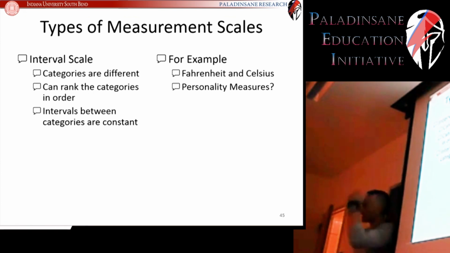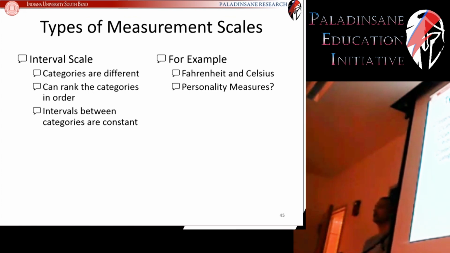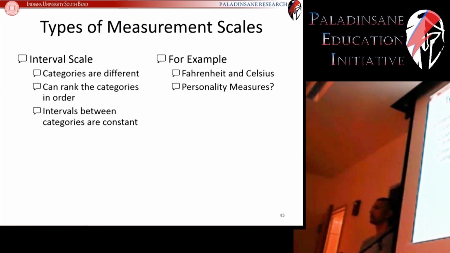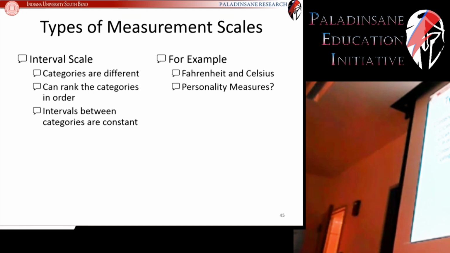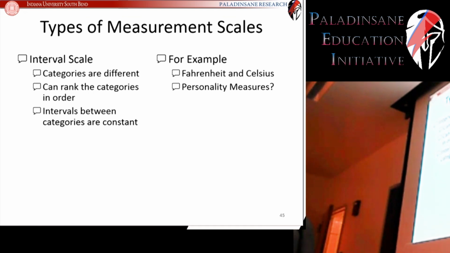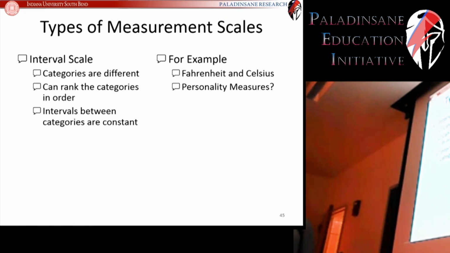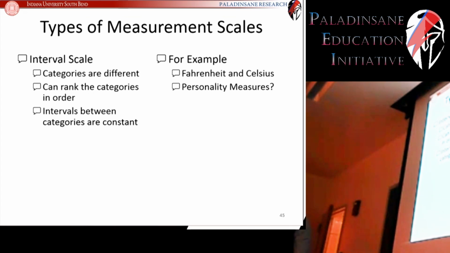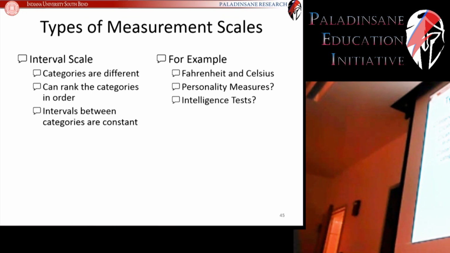And like I said, there are people with PhDs who dedicate their careers to figuring this out, who argue about whether personality measures are interval or ordinal scales. So again, focus on what the scales entail, and then in your career, if you're wondering whether a personality measure is an interval or ordinal scale, just know that you're not the only one wondering that.